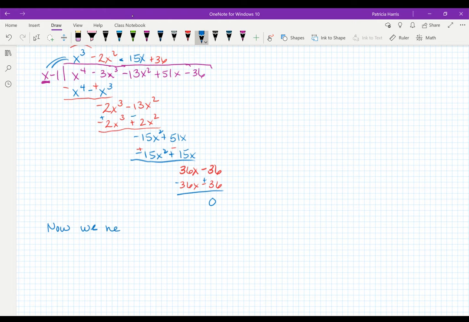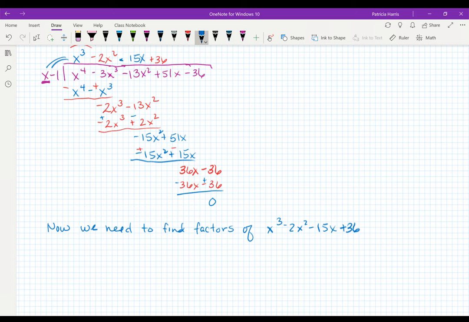Luckily, we can go back to our original list of rational roots that we created in the very beginning, and we can try those out.